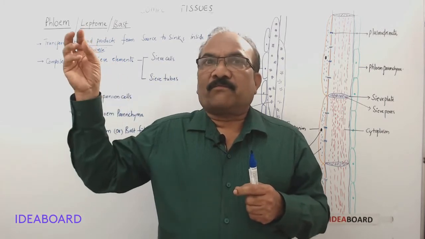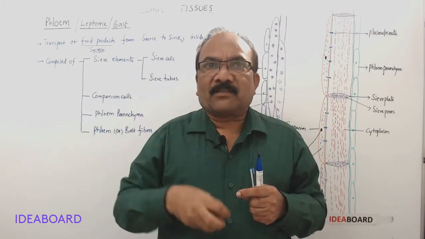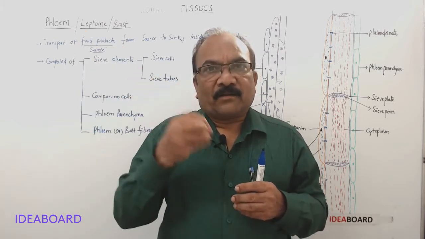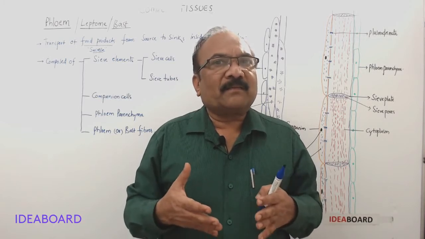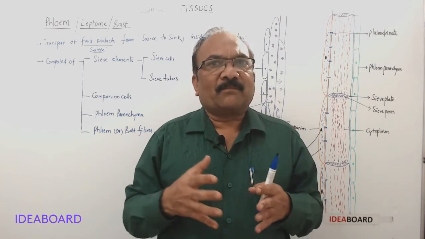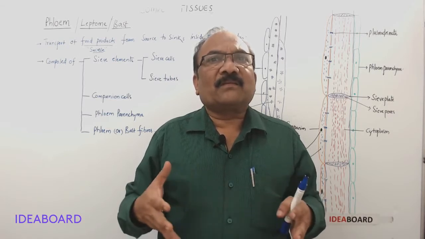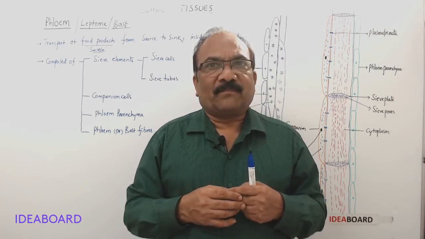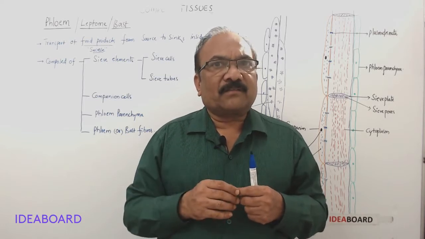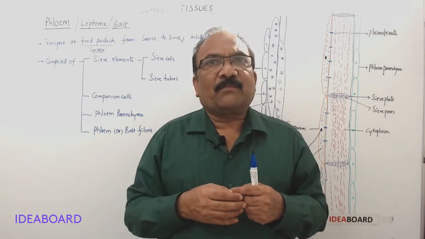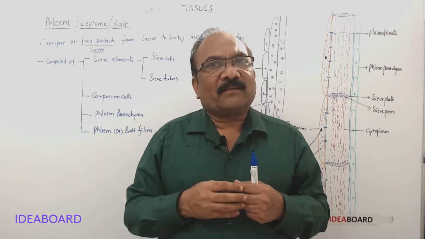Now when the food material is translocated continuously, the food may not be consumed by the root. Sometimes the roots will store these food materials. And during certain environmental conditions, the shoot system may not be able to synthesize the food material.